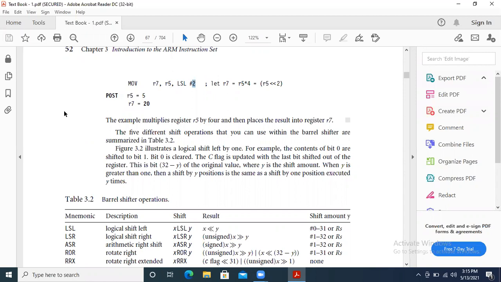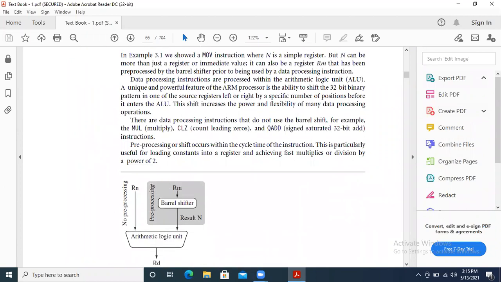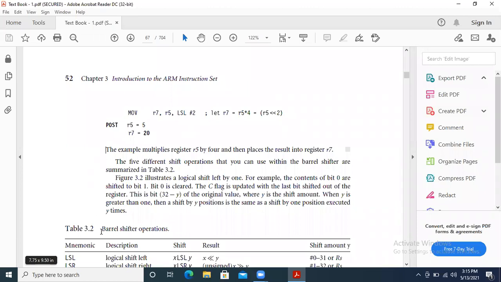If you observe this picture, I'm doing a little bit of pre-processing here, that is using the barrel shifter. And that value I'm going to apply. Then I get the RD value here. That is R7, R5.